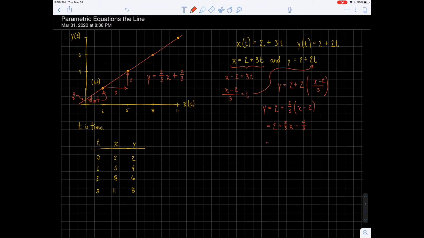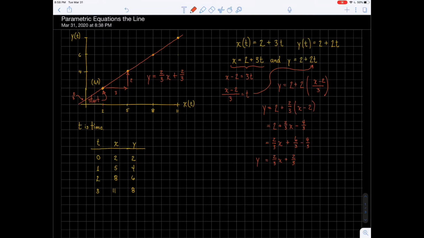And notice that 2 is the same as 6/3. So I'm going to write this as 2/3 x plus 6/3 minus 4/3. And look at that. There it is, 2/3 x plus 2/3. And so you can go from your parametric equation back to your standard form, and notice that they do coincide and you get what you wanted.